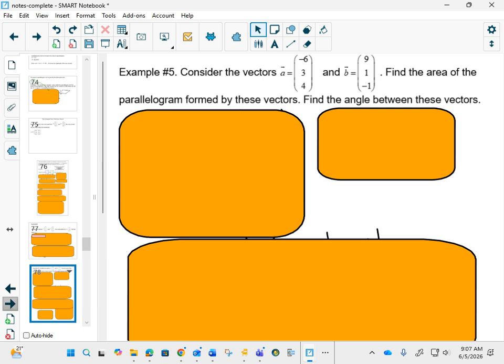My y direction's towards me, 3 here and 4 up. Okay, there's the vector. See it? That's -6, 3, 4. Okay, and 9 here, 1 here, down here. That's it. So what we got? And you have to find the angle between those two. That makes a parallelogram.